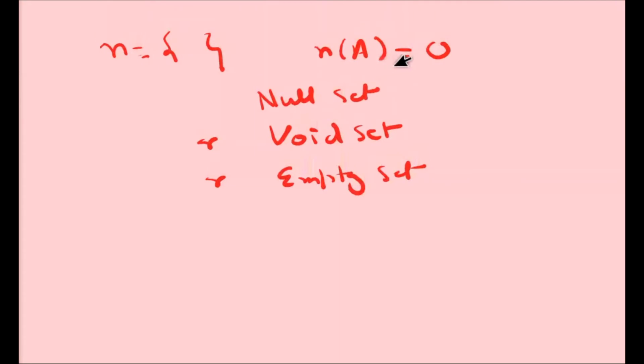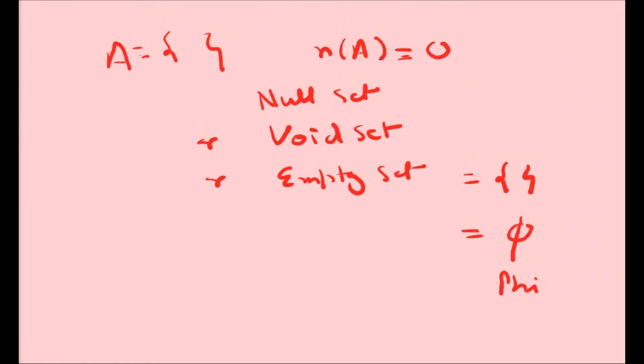Okay, it means n(A) equal to 0, there is no member. So an empty set can be defined this way, or we can write it using this symbol known as phi. Read it as phi. Or when we use this curly bracket, that is an empty set, or void set, or null set, meaning the number of members in the set is 0. So here the number of members in this set is 0. That is the empty set.